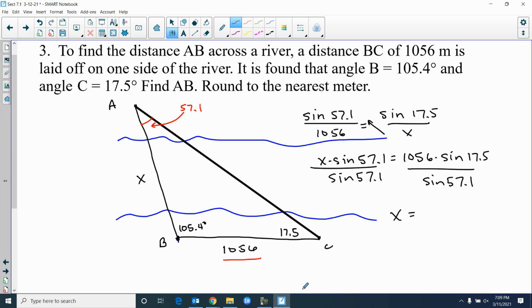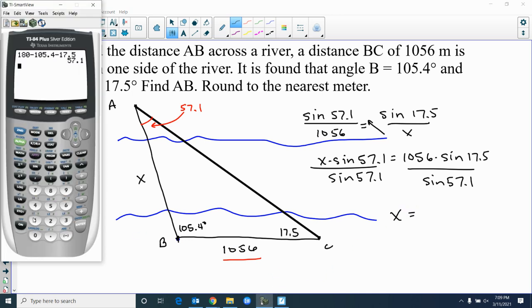And let's see what we get here. 1,056 times sine 17.5 equals, divided by sine of 57.1.